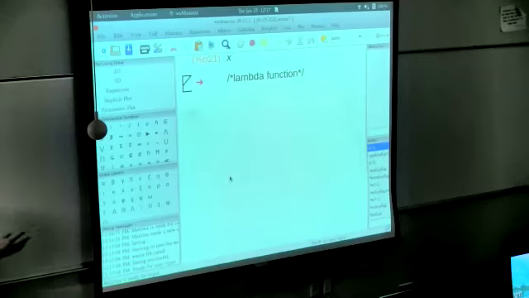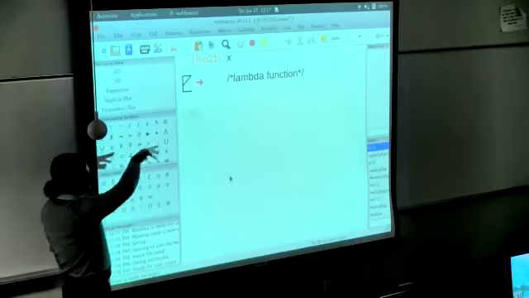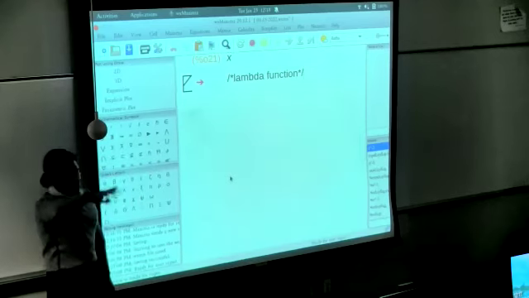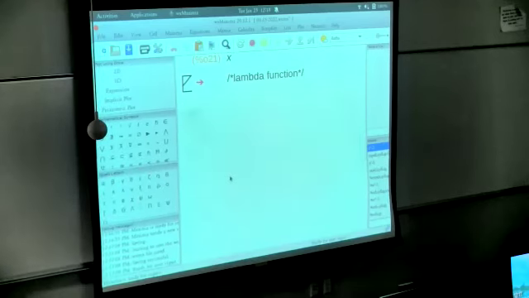A lambda function is simply a one-liner function. Not every programming language will have lambda functions. Maxima does, Python does, R doesn't. So what is it? A lambda function, again, it's a one-liner.